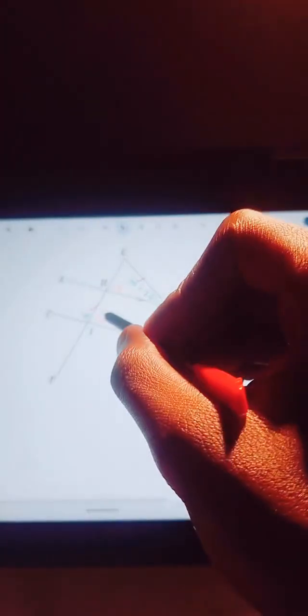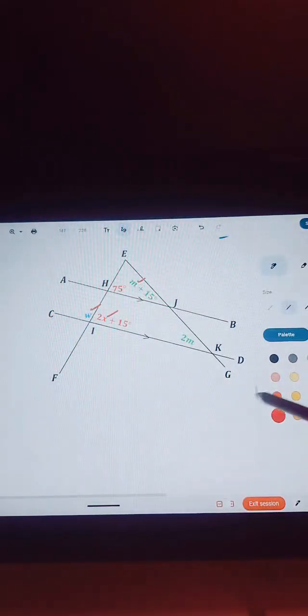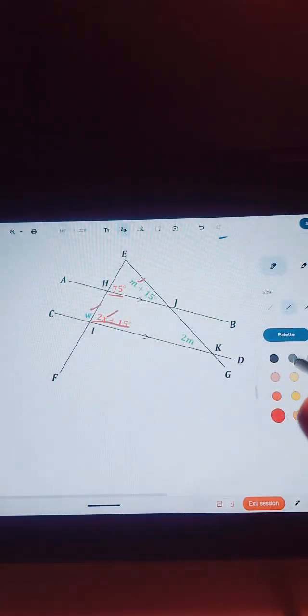So X, M, and W we want. Okay, so here they've actually done the same colors, which is just funny as well. If you look at this, these are both in red. But anyways, what relationship exists? This is AB, it's parallel to CD. So this angle and that angle are both what?